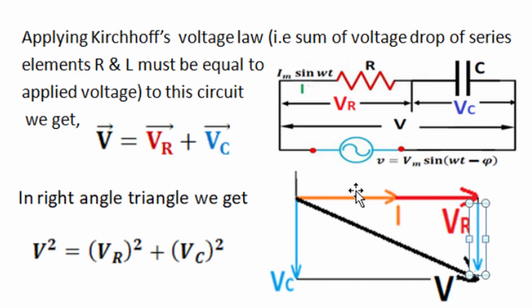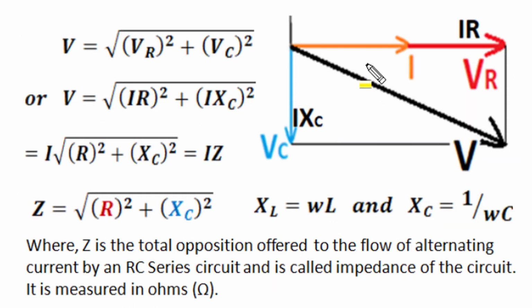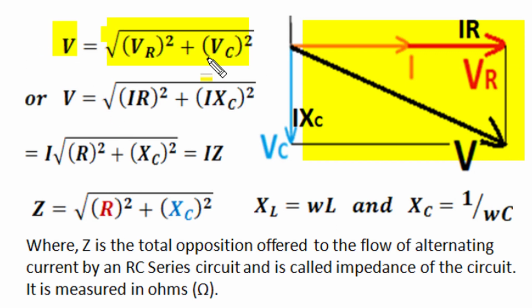And we can say from this right angle triangle that the RMS value of supply voltage is the Pythagorean sum of voltage of resistance and voltage of capacitor, as shown by this Pythagoras relation. Hypotenuse V square is base square plus perpendicular square. So in this right angle triangle, hypotenuse V square is equal to VR square plus VC square, and when we take the square root, V is equal to the square root of VR square plus VC square.